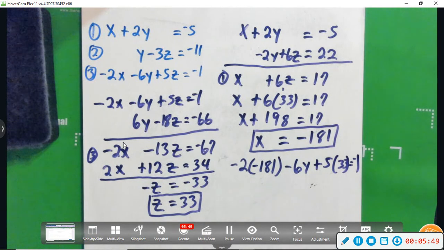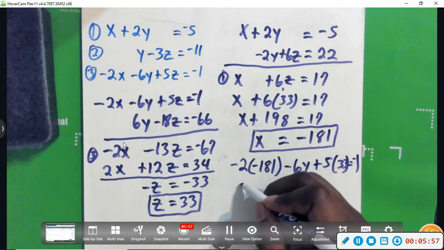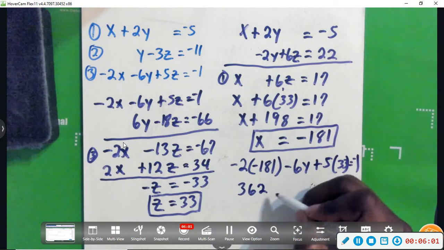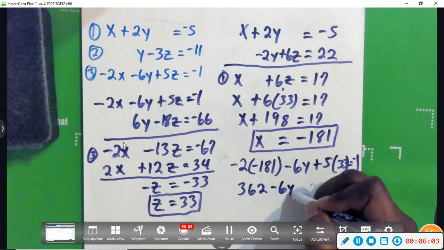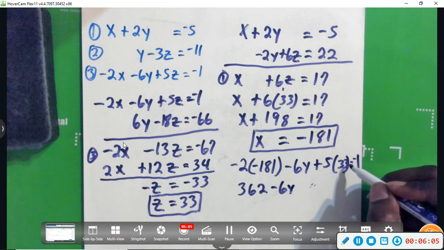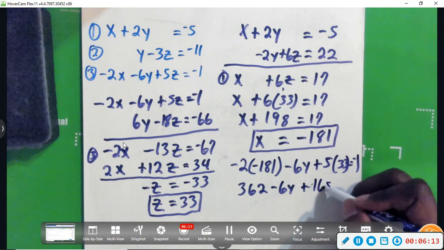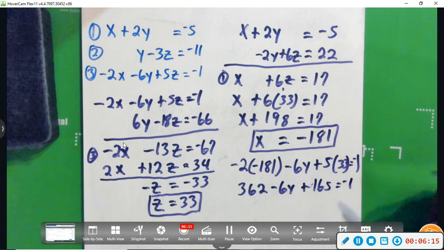Alright, so multiplying times 2, that will give me 362. 362 positive minus 6y. 5 times 33, we got 165 equals negative 1.